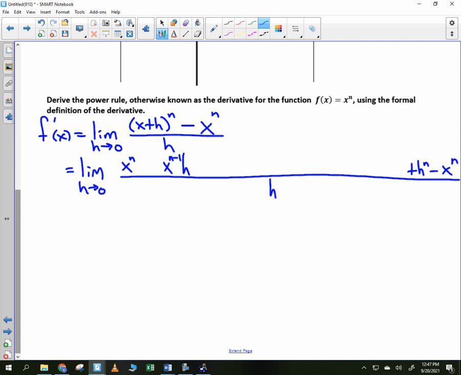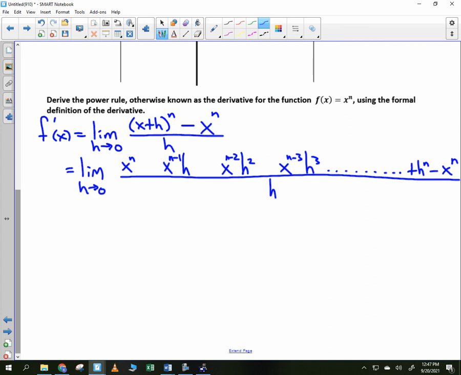And then the next term I would have x to the n minus 2 times h to the 2nd. And then after that I would have x to the n minus 3 times h to the 3rd. All the way until we get to an h to the nth.